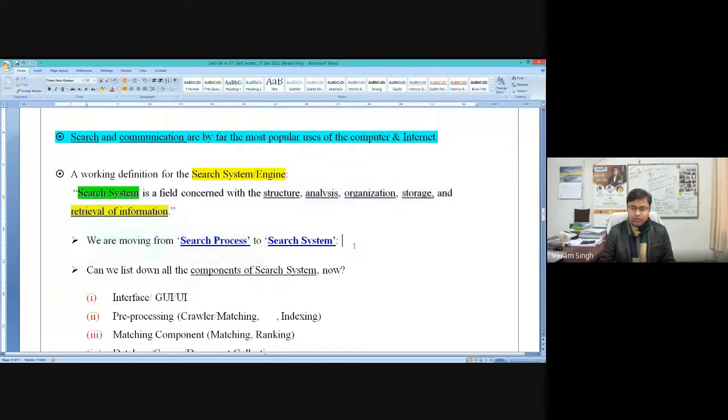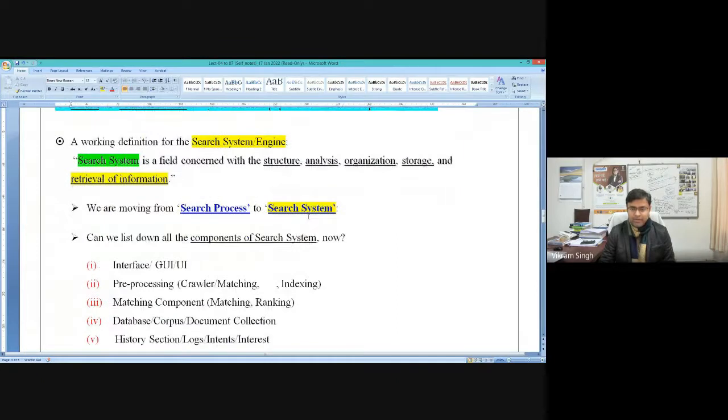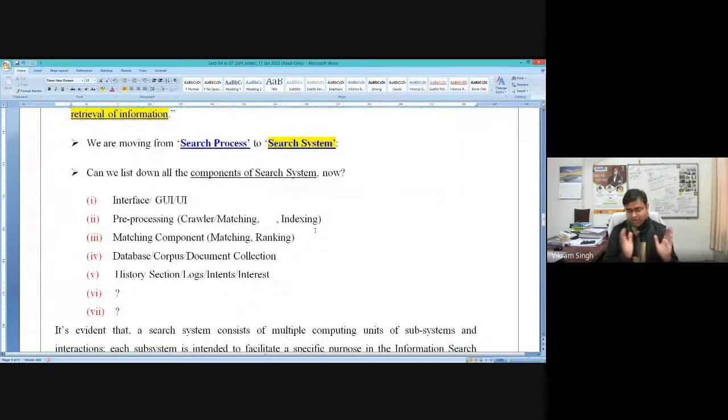So now our focus is going towards the design of such a system. It means creating all these 5 elements, right? If you can recall the topics we have discussed till now, if you want to list down all the components, you can read here and suggest if something is missing.